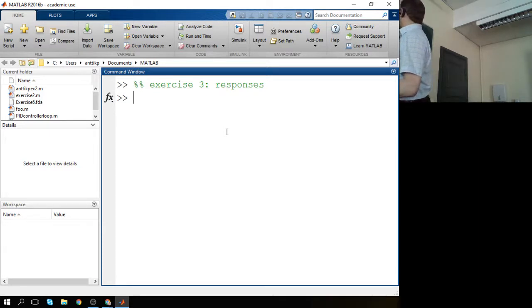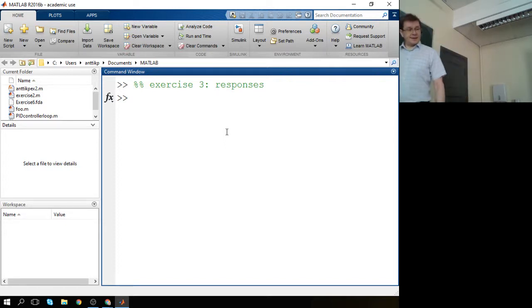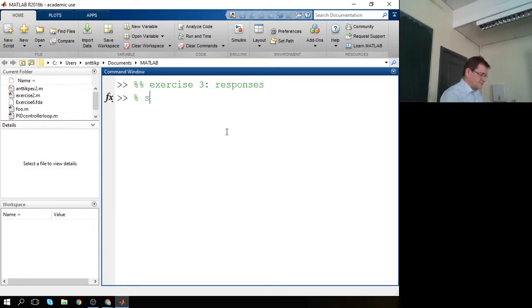I need a pole pair at 0.5 plus minus 0.5 J. Okay, so this is just an example. You have this different system defined by a flow chart.